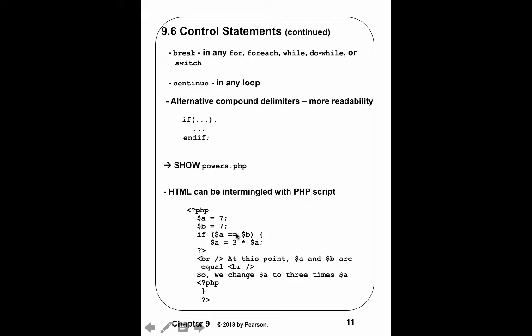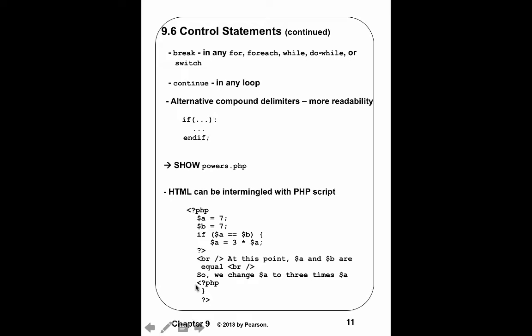So it looks a bit strange at first, but you can see that this is the start of a PHP block, and then you can see that this is an end of a PHP block. So these 1, 2, 3, 4 lines of code are PHP code, and then suddenly you have a bit of HTML code, and then you have PHP code. Right?